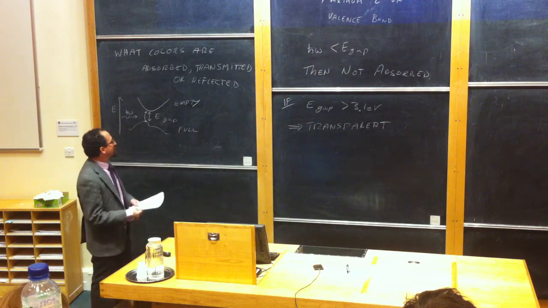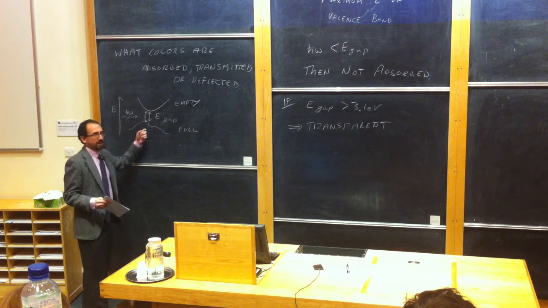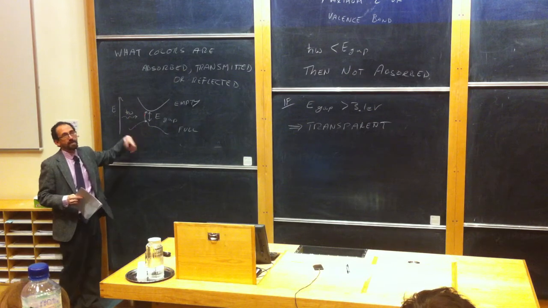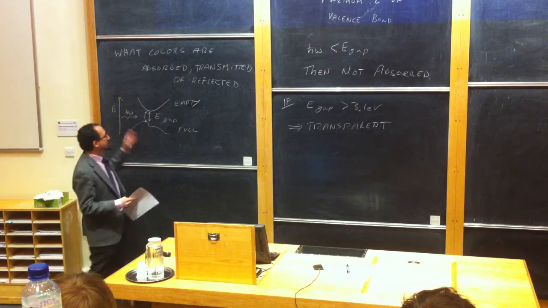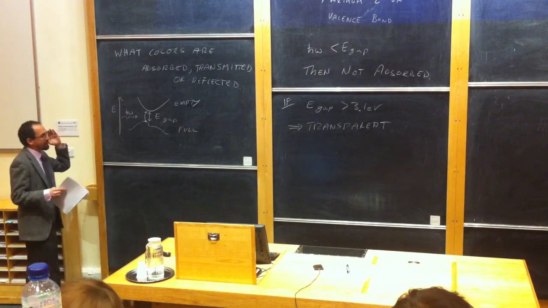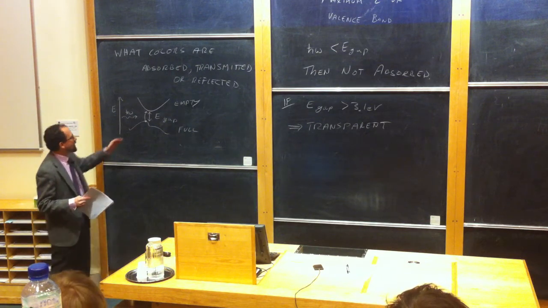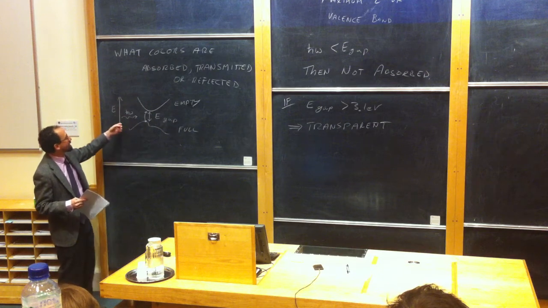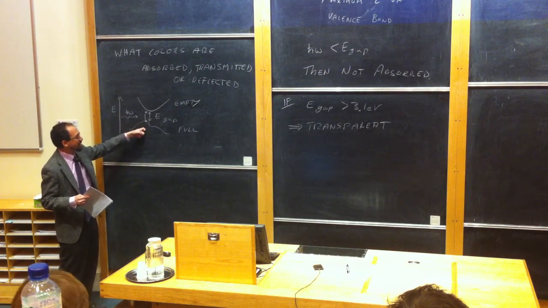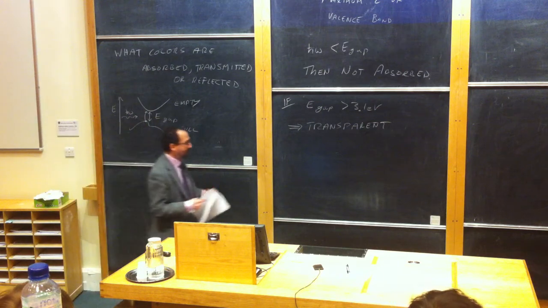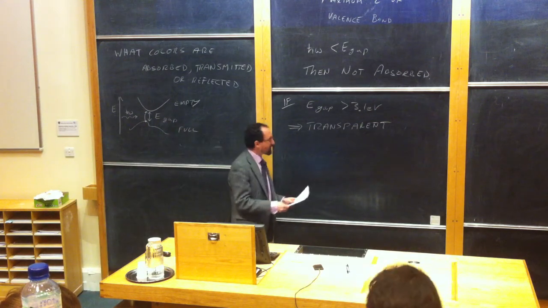All photons that are visible cannot get absorbed in the material because in order to get absorbed, they have to excite an electron to give up their energy. Okay? So the principle that we learned last time, that a full valence band is completely inert, holds true here, but the only exception is if you put in enough energy to excite the electron out of the full valence band and up to the empty conduction band, then that photon can be absorbed.